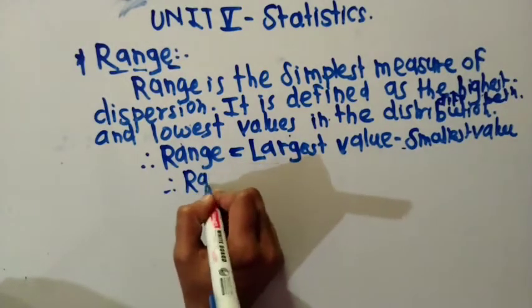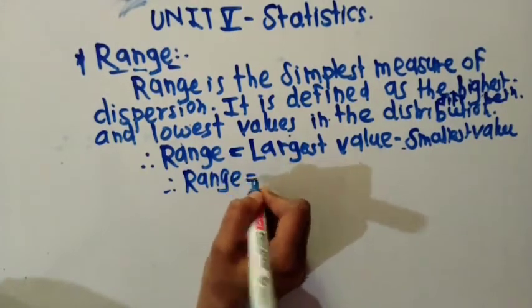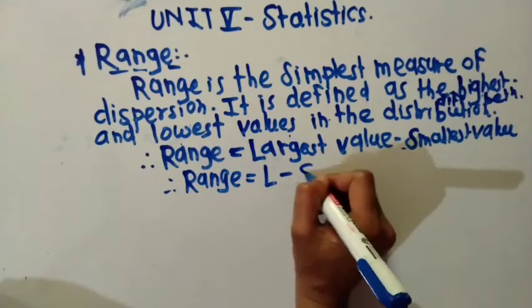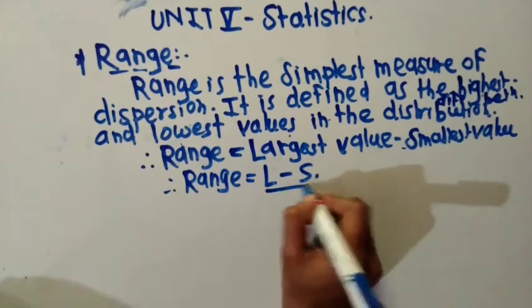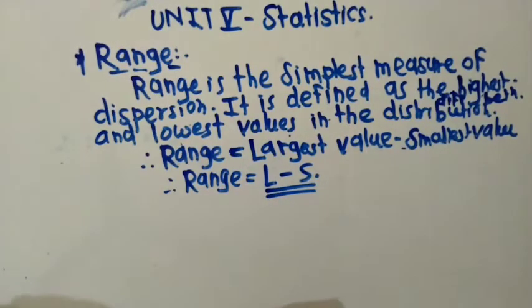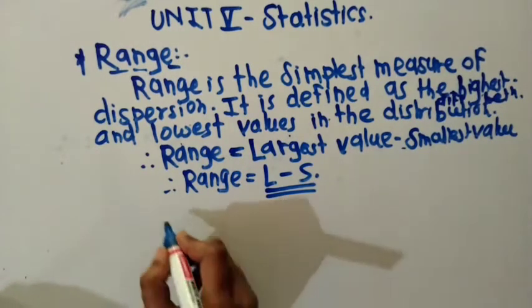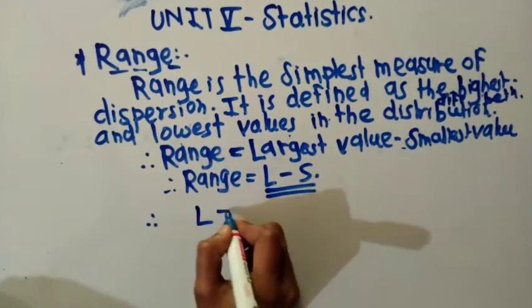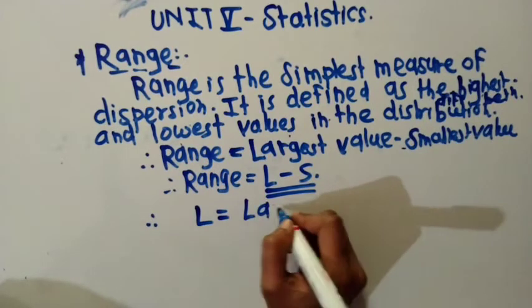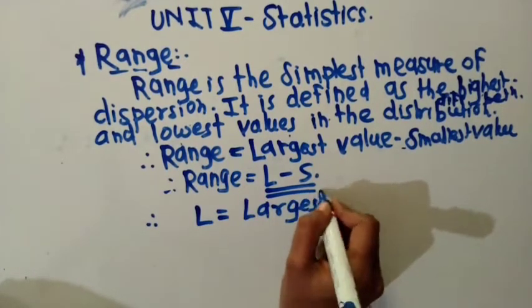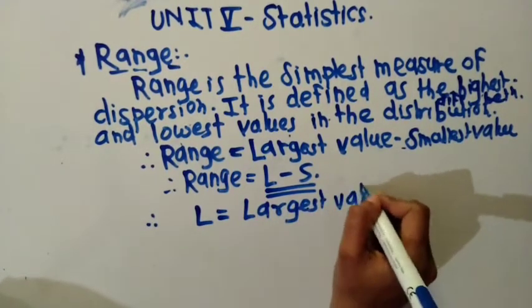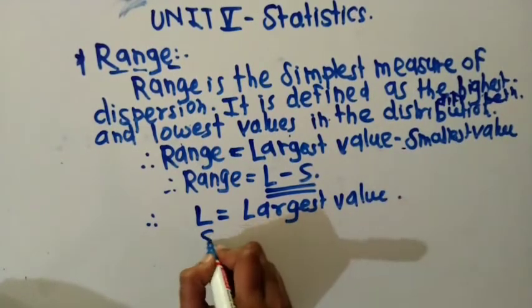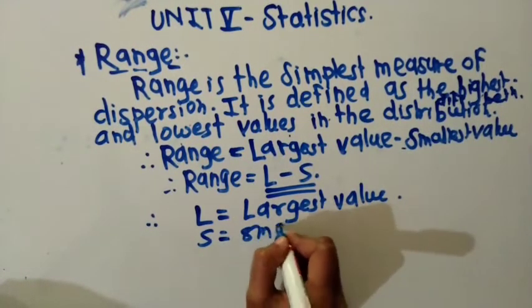Hence, largest value is L and smallest value is S. Hence, range is equal to L minus S. L is the largest value and S is the smallest value.